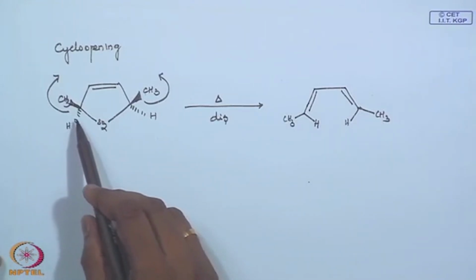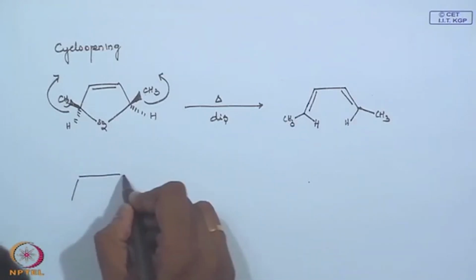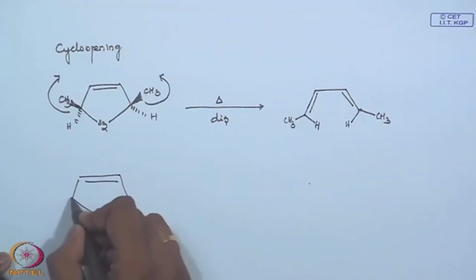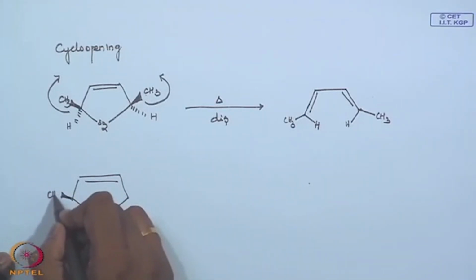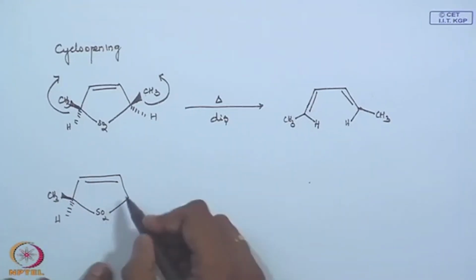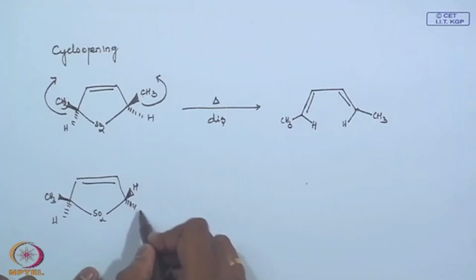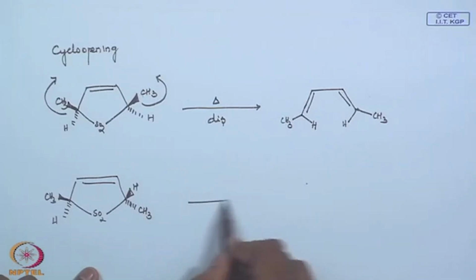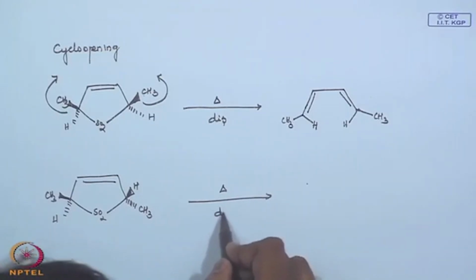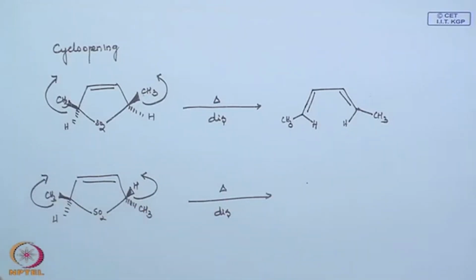So if I take the other compound, the same compound, and just change the stereochemistry a little bit, it is the opposite, let it be CH3 and hydrogen. I just changed the stereochemistry here. Now if you heat this, this one again undergoes disrotatory motion specifically.